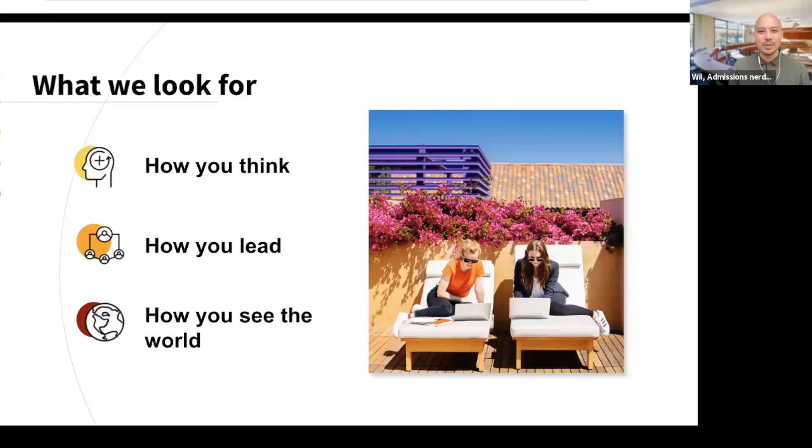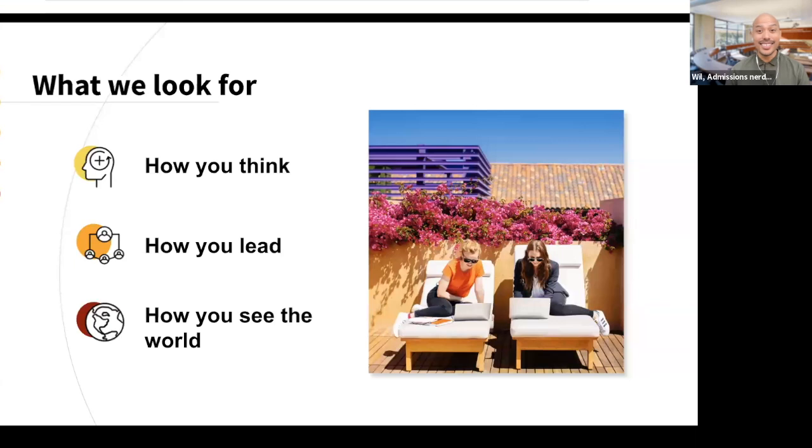And then how you see the world. These are each industry, background, world, lived experience agnostic. You'll also get a sense that all of these kind of blur, and you can find evidence of each one of these in any part of the application. I actually got called out on this yesterday in one of our info sessions. Really great question about how you see the world and how you think. How do you differentiate between the two?